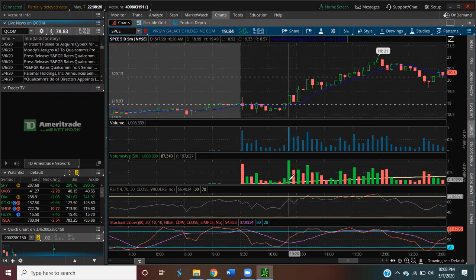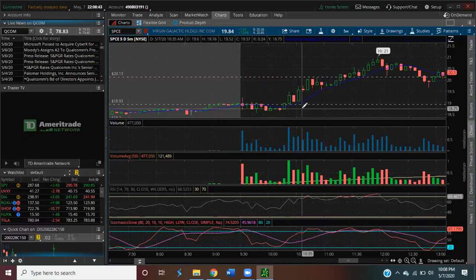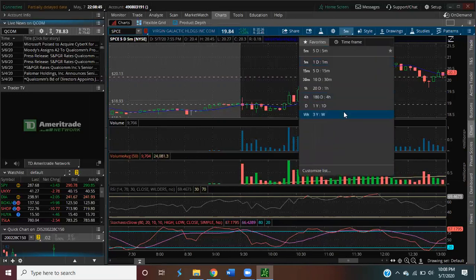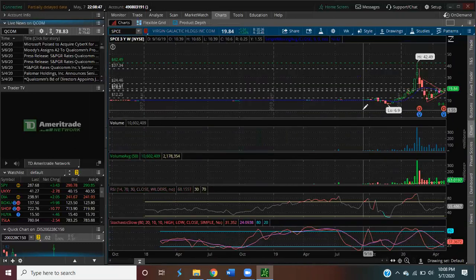You can't ask for a better setup than this, honestly. It pushed above the resistance, and the volume is crazy. Usually, most of the time, you will see the most volume occur in the first candle. But for something to have this much volume, it's showing you that it's finna be an uptrend. So guess where it pushed to? Let's take a look once again at our long-term chart.